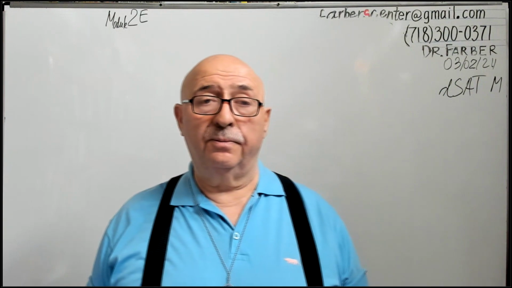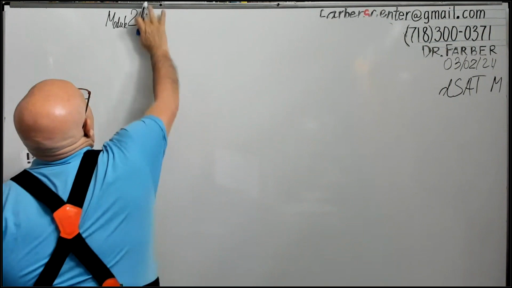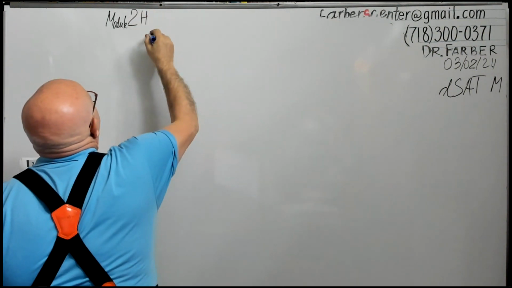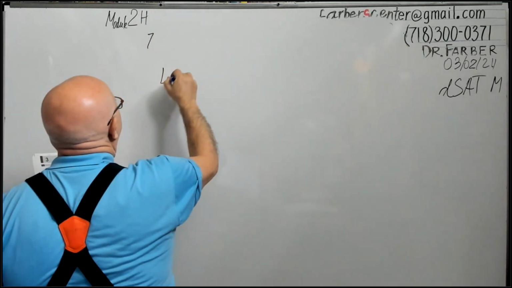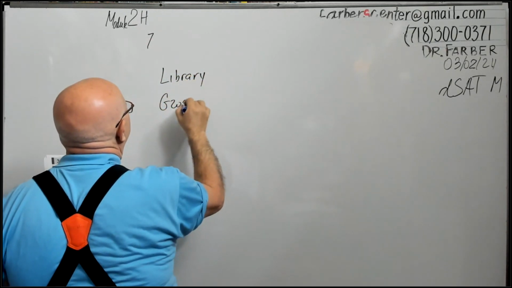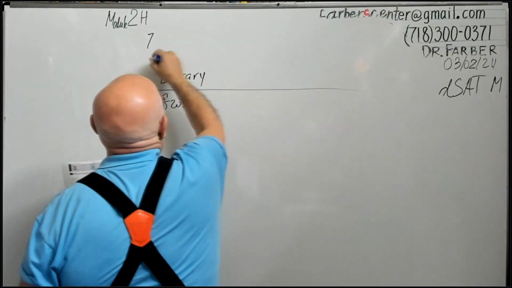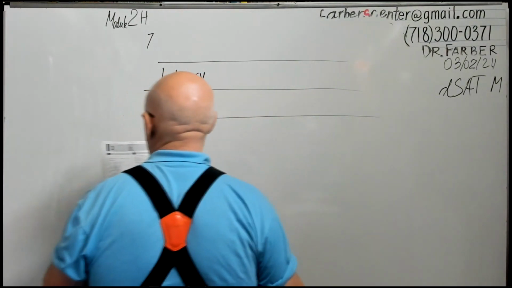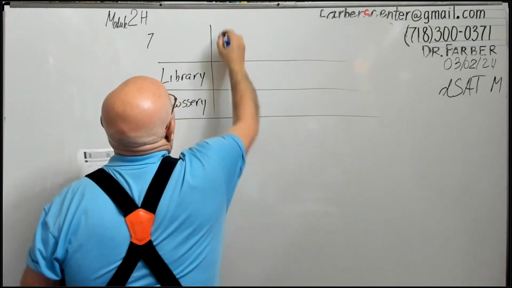Matrices, right? Let's apply this approach we did already today. This is 2H, E, 2H7. So we have library and we have grocery. Two objects and property: dollars per hour.